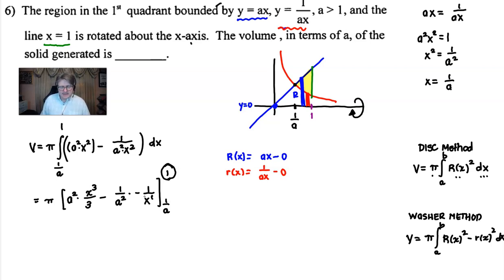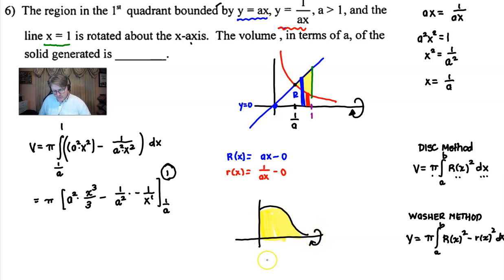Okay? Now, before I sign off here, I want to tell you that in the event on any kind of problems that you see, whether you're practicing for the CML or whatnot, let's say you saw something like this. Let's say you had just one curve and it was bounded here by the x-axis, and this was your shaded region, right? And you're going to take that shaded region and revolve it.